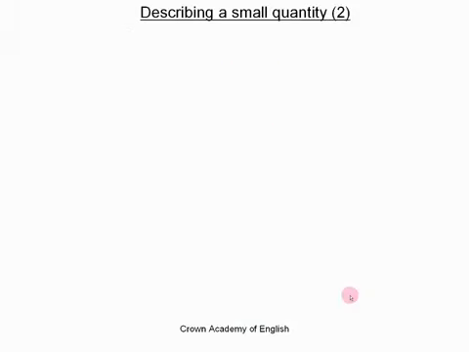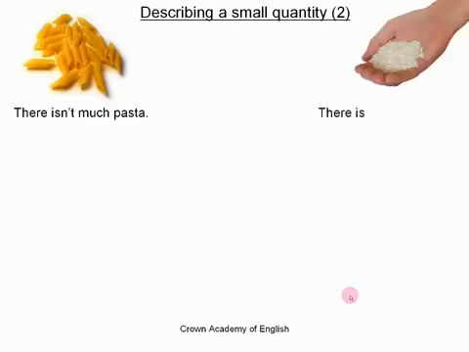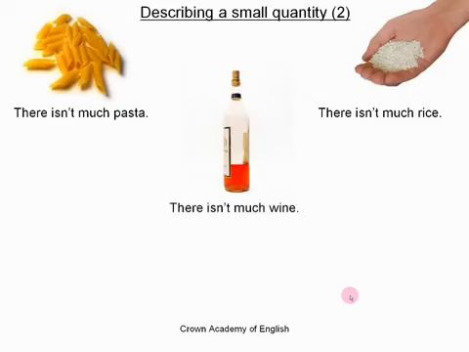Now let's look at some more small quantities. There isn't much pasta. There isn't much rice. And there isn't much wine. So this time they are all uncountable nouns.